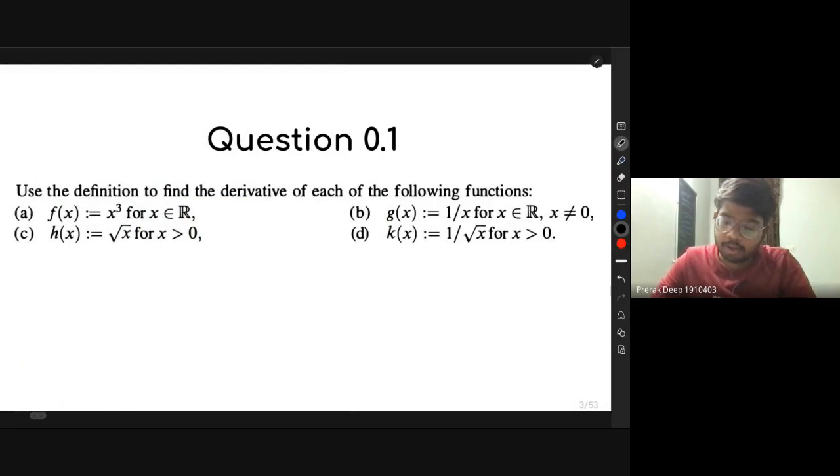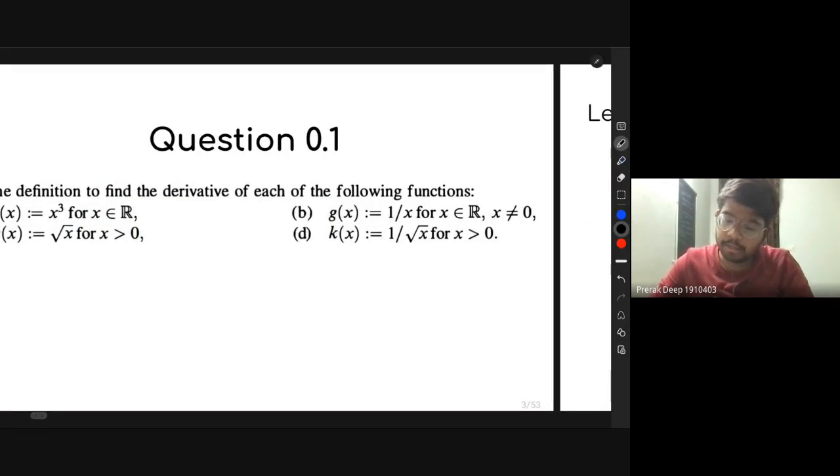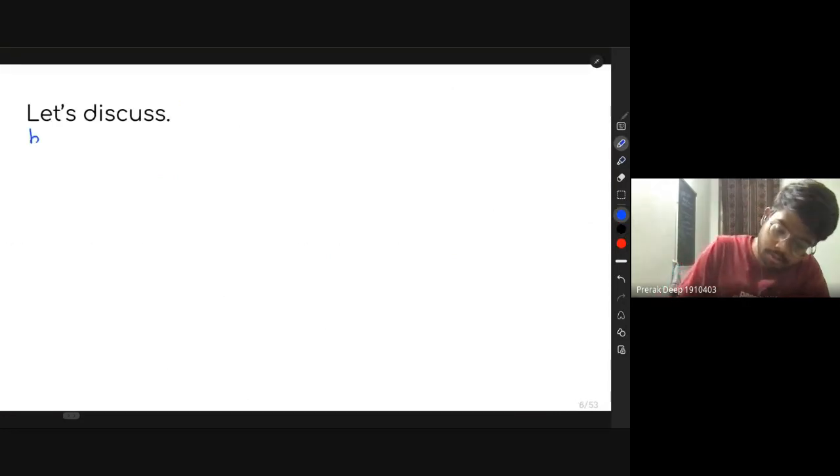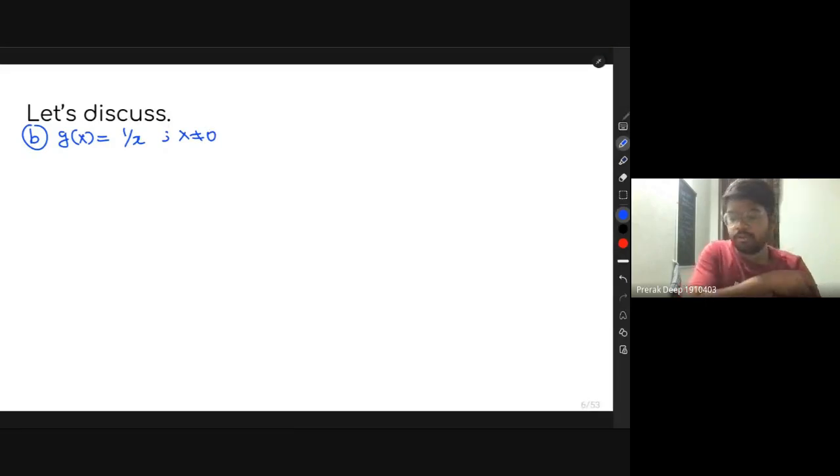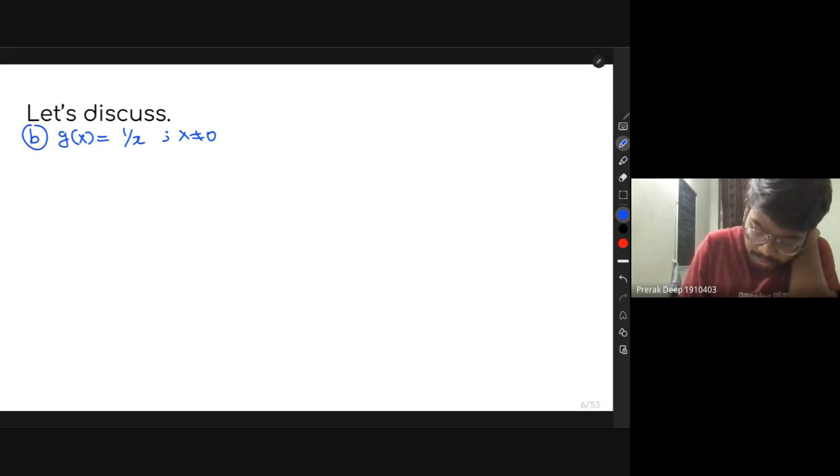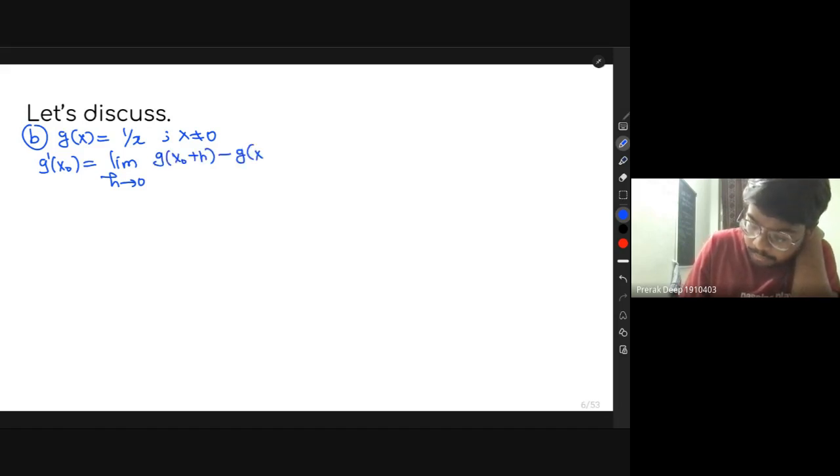Okay, so now let's move on to the b part. In the b part, we have g of x equal to 1 over x, and this is defined for all non-zero real numbers. Again, using the first principle, we want to find g prime of x naught, which is defined to be the limit of g of x naught plus h minus g of x naught divided by h.